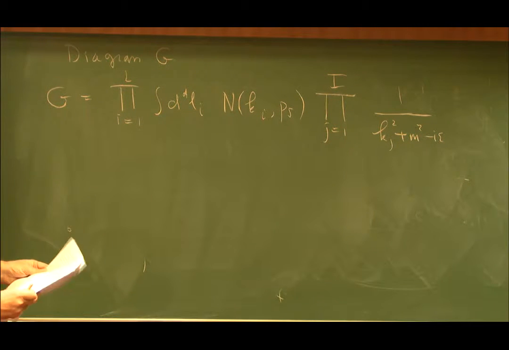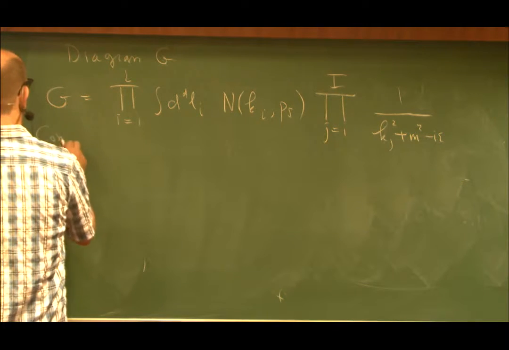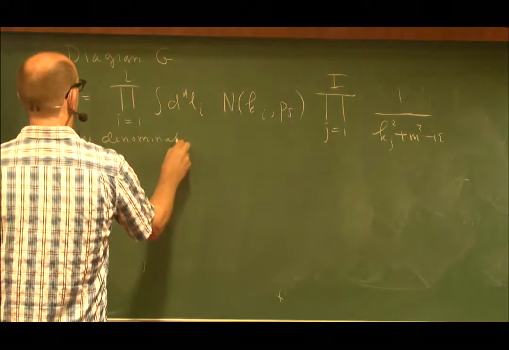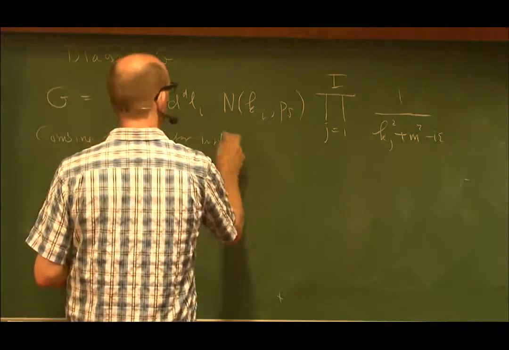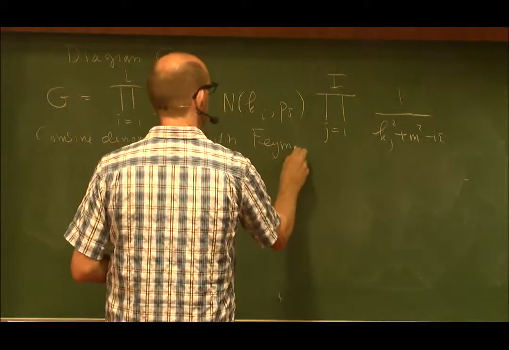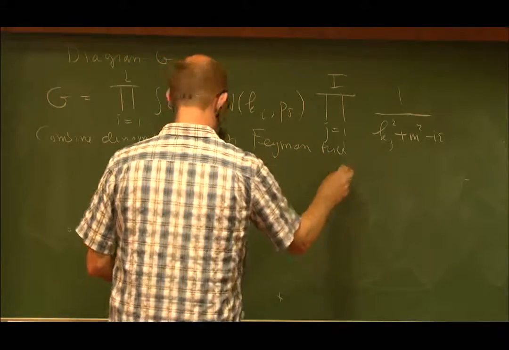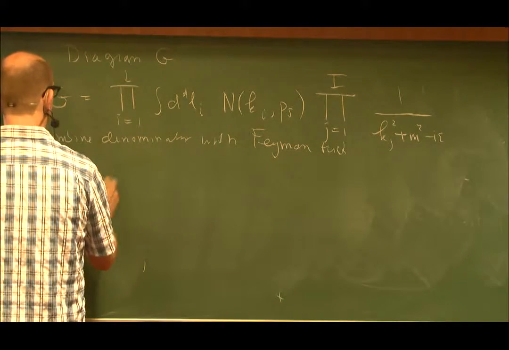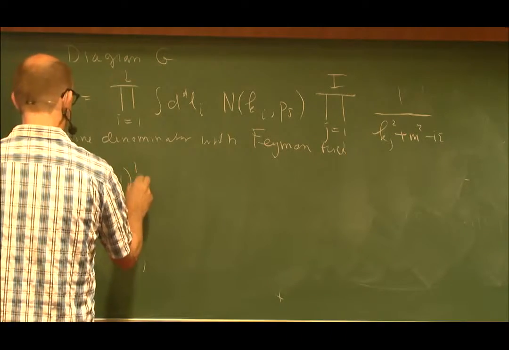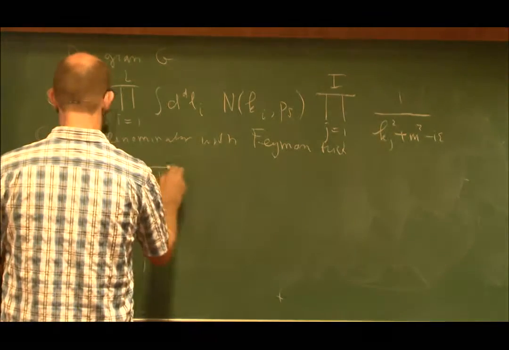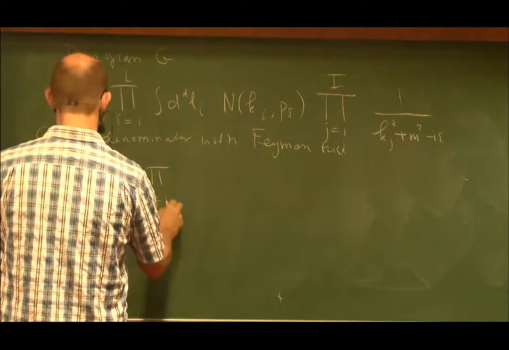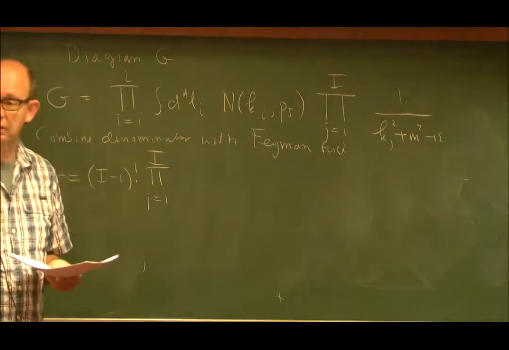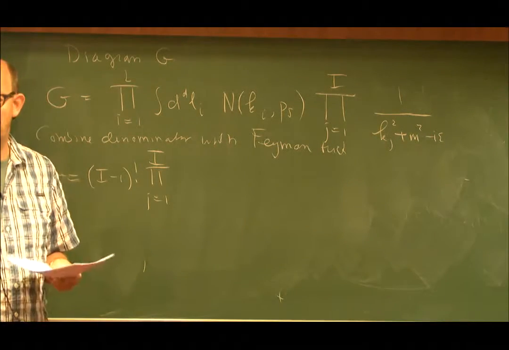Now what I can do is combine denominators with the Feynman trick. And then I'll get for G, 1 over I minus 1 factorial, times a product. I get now for each denominator a Feynman parameter, which I call alpha, not x, but alpha this time.